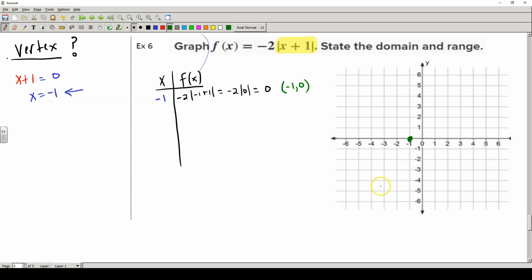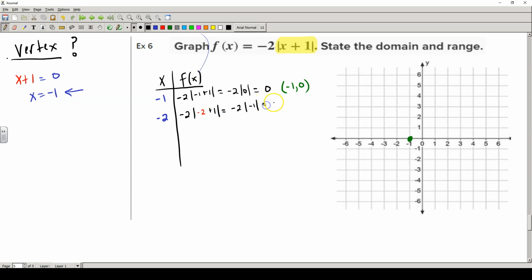So after that, let's just pick some points that are to the left or to the right of -1. So I'm going to go ahead and plug in something else like -2. What happens if I plug in -2? Well, now I have -2, and I'll plug in -2 there, plus 1. And so I say this is -2 times the absolute value of -1, because -2 plus 1 is -1.